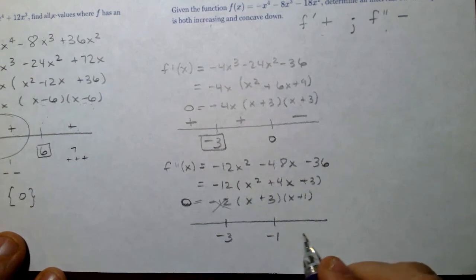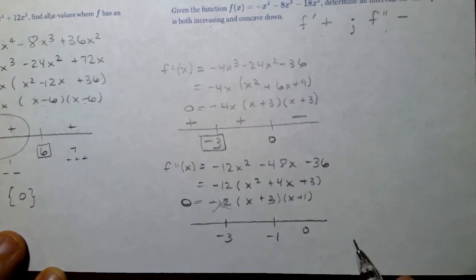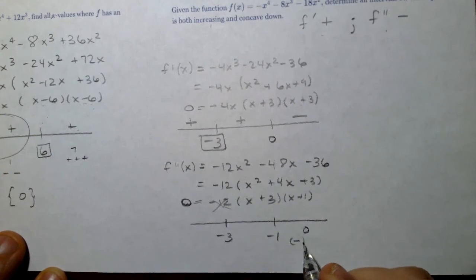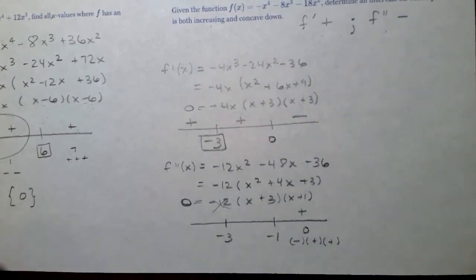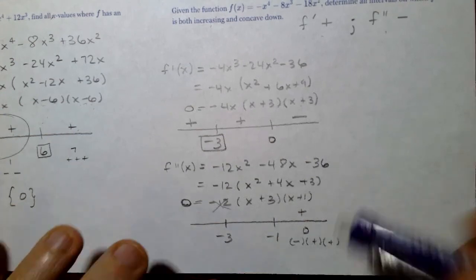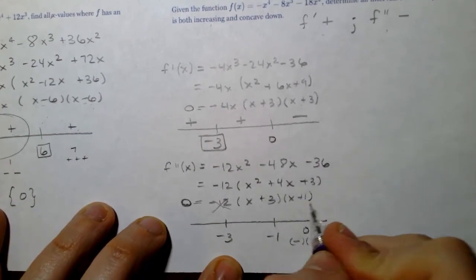If I check over here to the right, a 0, which is to the right of negative 1, I get negative 12 times positive 3 times positive. And the sign of this should be negative.